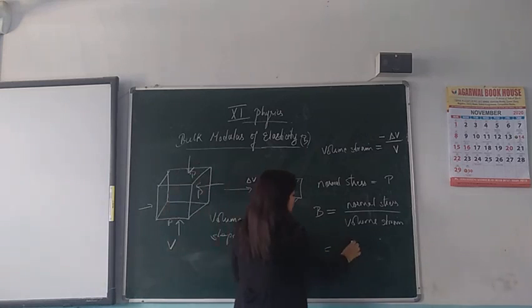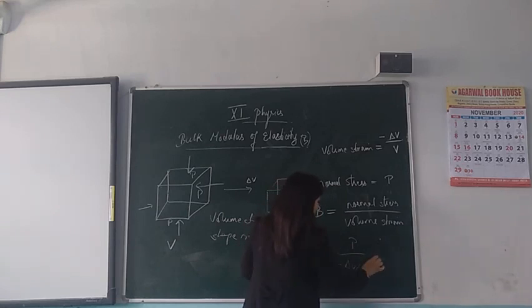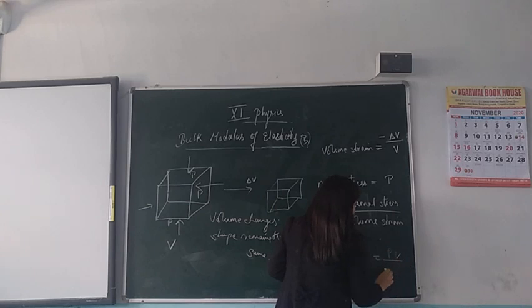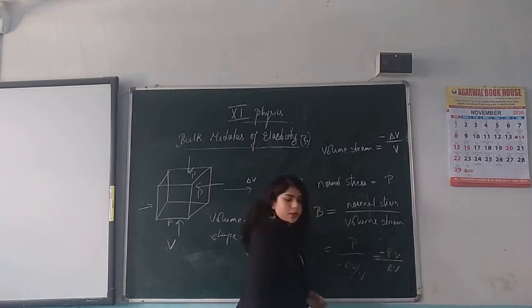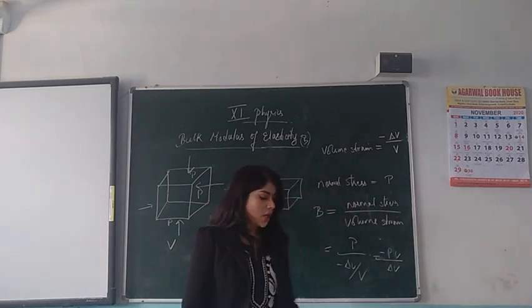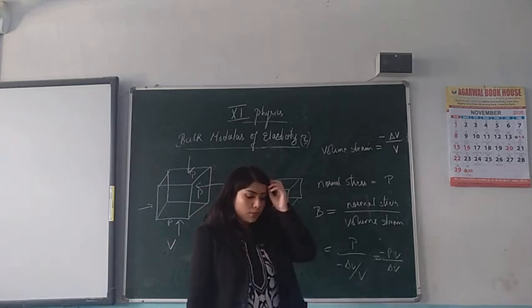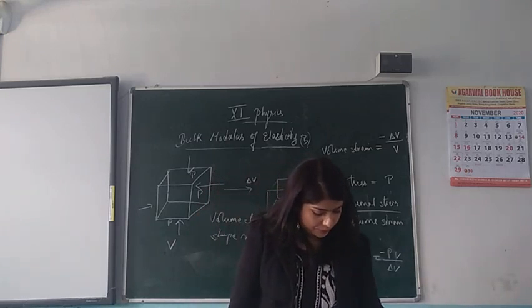Normal stress is P, volume strain is del V divided by V, so it is minus P V divided by del V. So this is your bulk modulus of elasticity.